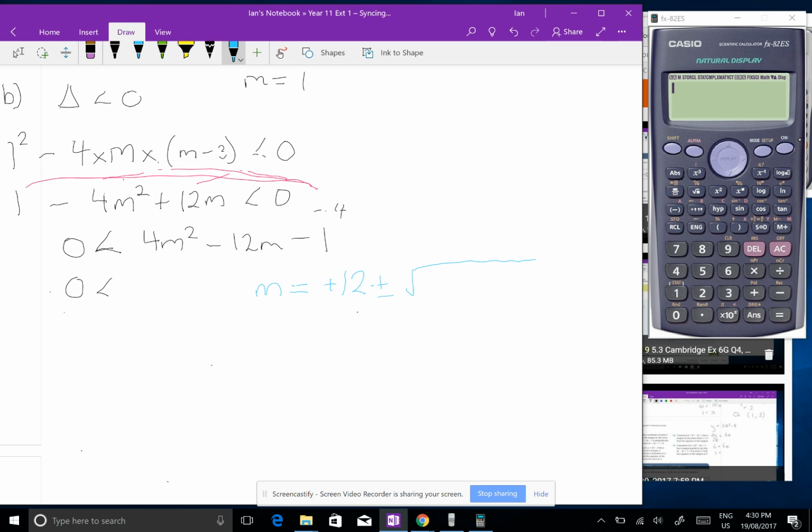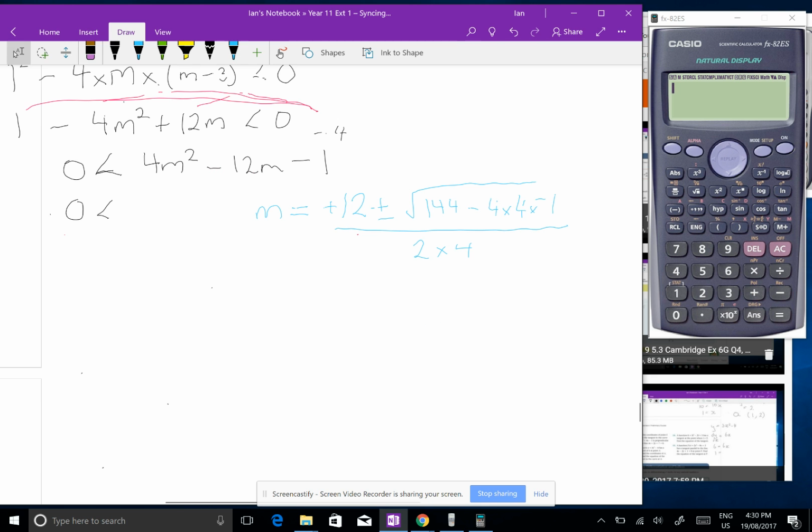Well, b squared is 144 minus 4 times 4 times negative 1, all over 2 times 4. Well, that'll be 12 plus or minus, well, 144 plus 16 is going to be 160, over 8.